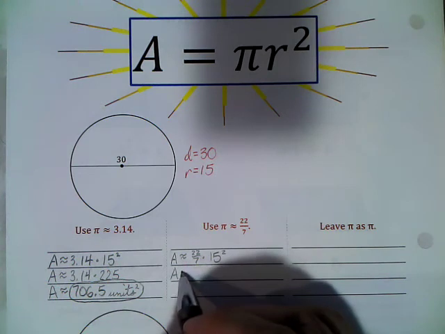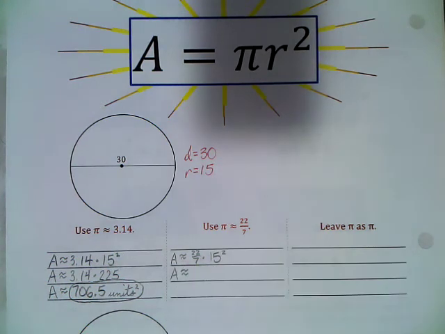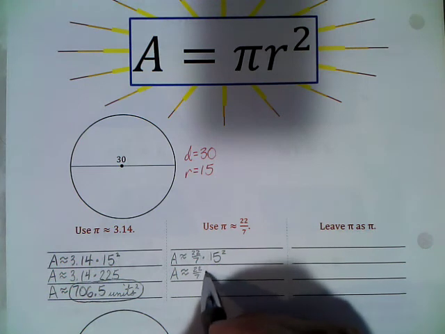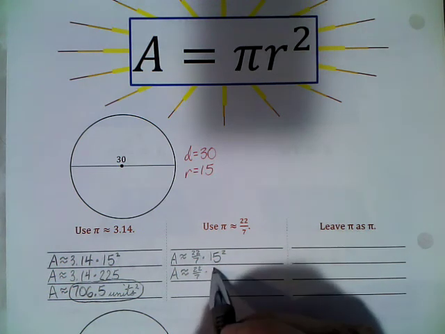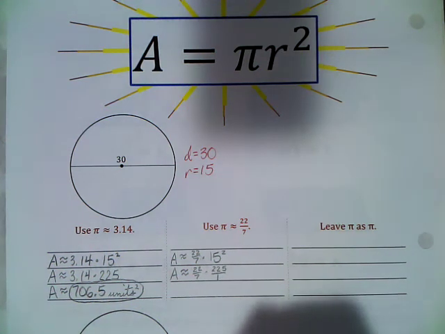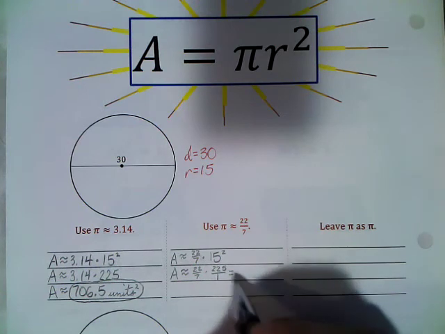So A is approximately equal to 22/7 times 225, but I'm going to make this 225 over 1. Since that's a fraction, I'm just going to turn that into a fraction as well. And then for the sake of space, I'm going to give an equal sign here.